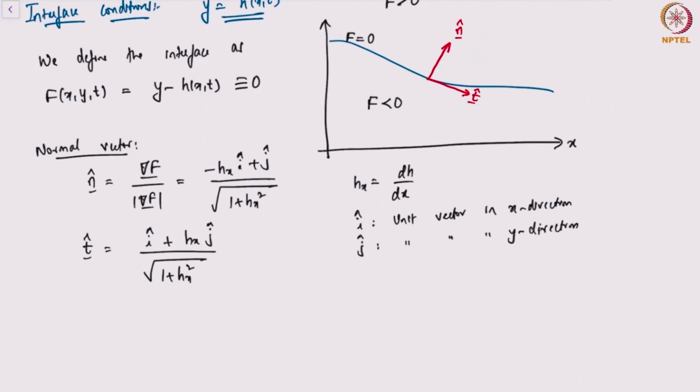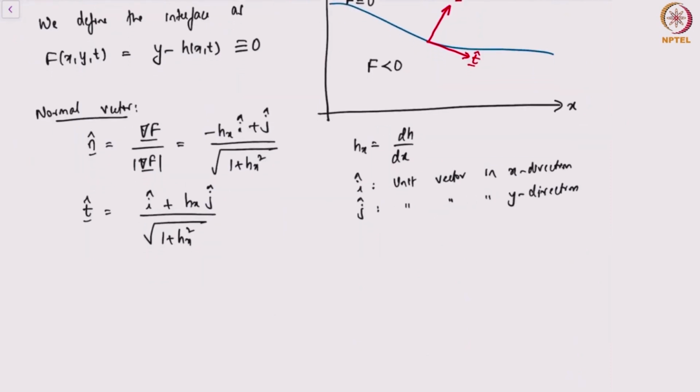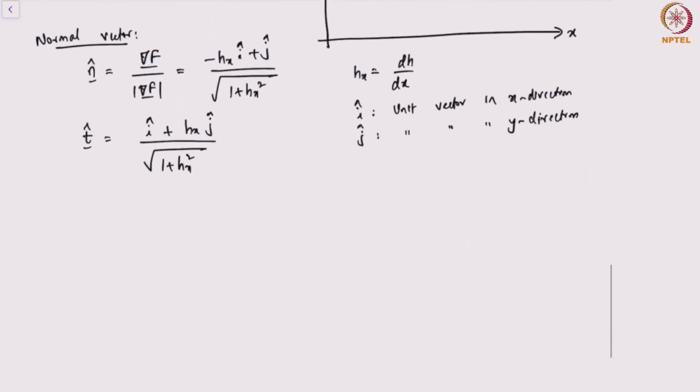So now that I have the two unit vectors, I can derive the curvature, the mean curvature, that will be del dot n, that will be ∂/∂x of nx plus ∂/∂y of ny, and nx would be the x component of the normal vector, and that's minus hx by square root of 1 plus hx squared.